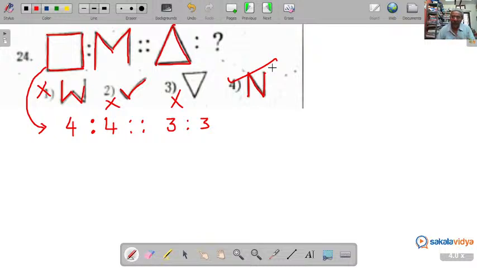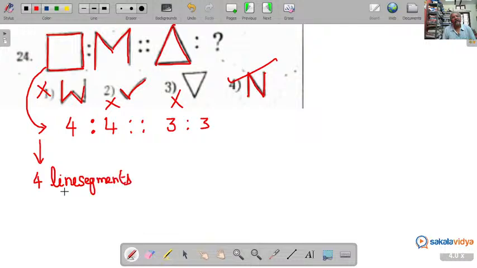As for the number of line segments, now we need to figure it out. This is the certain rule that has been followed in this analogy. That means these first two figures have 4 line segments.